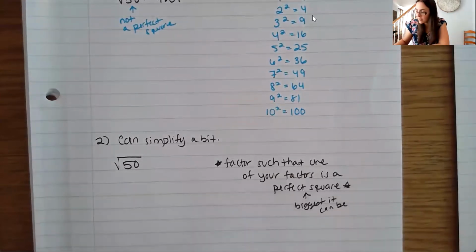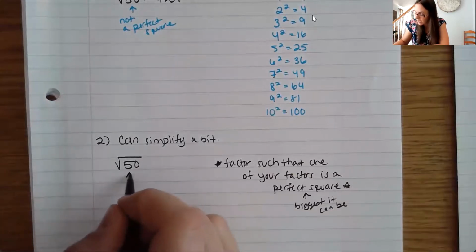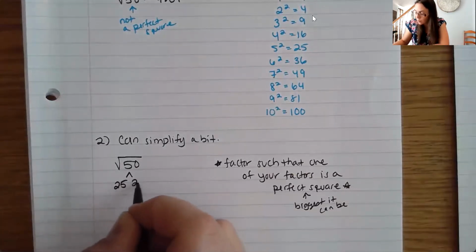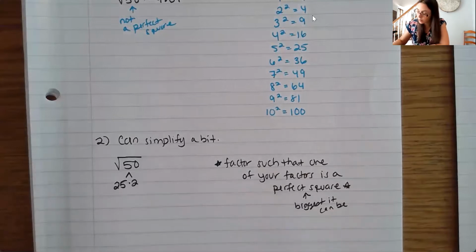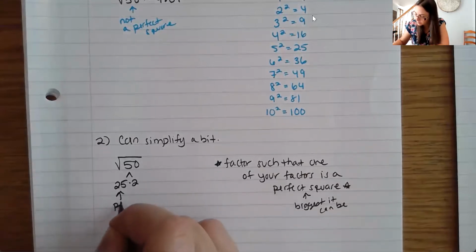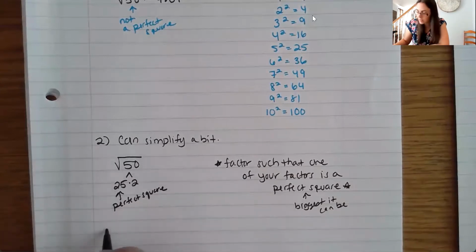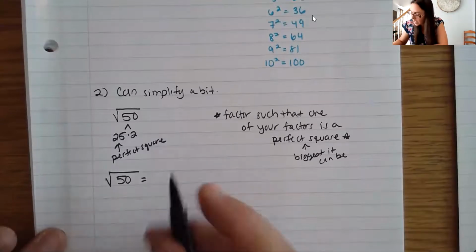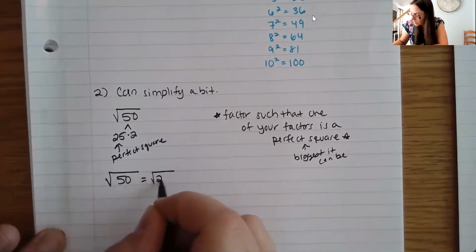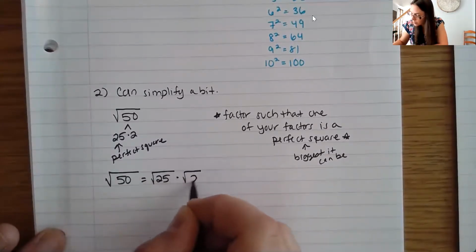So for 50, 50 is the same thing as 25 times 2, right? And 25 is a perfect square. So I can take the square root of 50 and rewrite it as the square root of 25 times the square root of 2.